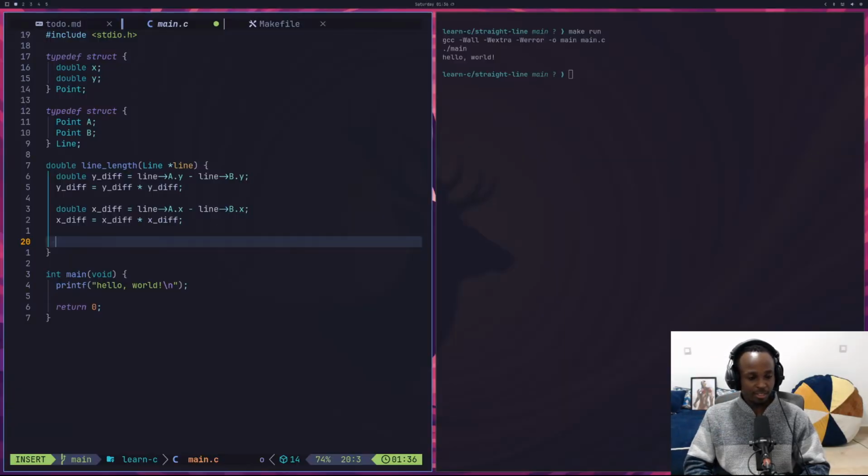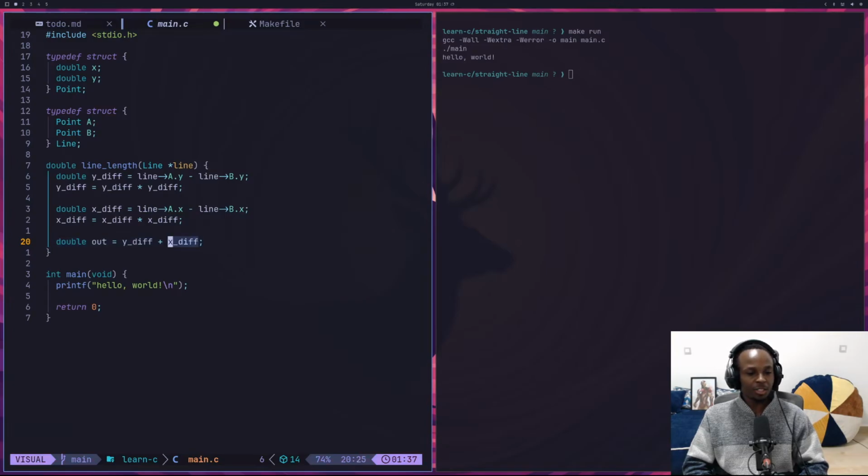Let's just go with a double. So double, let's call it out. So we are saying we take the difference between the y plus the difference between the x. We've already squared them.